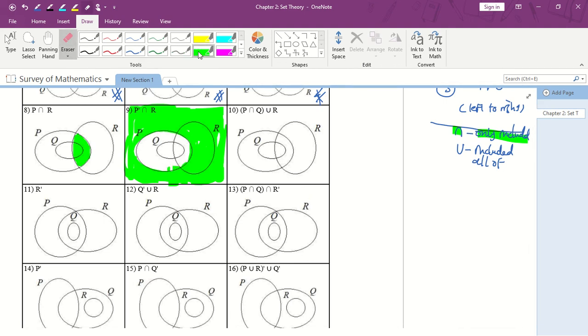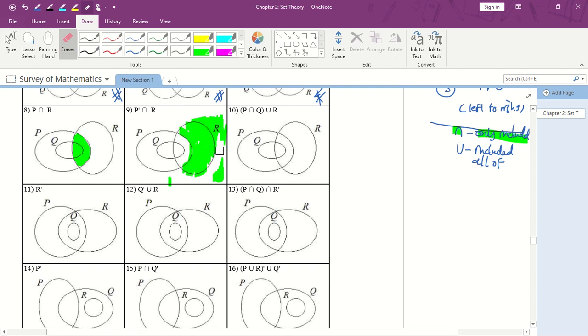Okay, and now let's continue. It says P prime, done, and intersect R. Intersect R means what? Out of this region, I only intersect R, only include R. So that means I need to erase the region that doesn't touch R. So the answer is this.